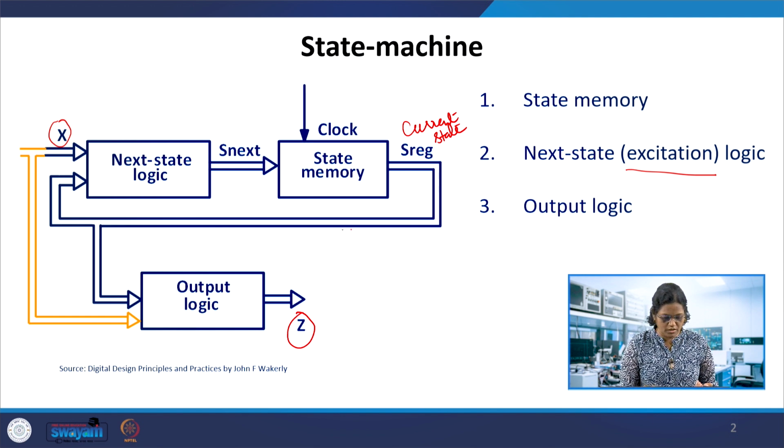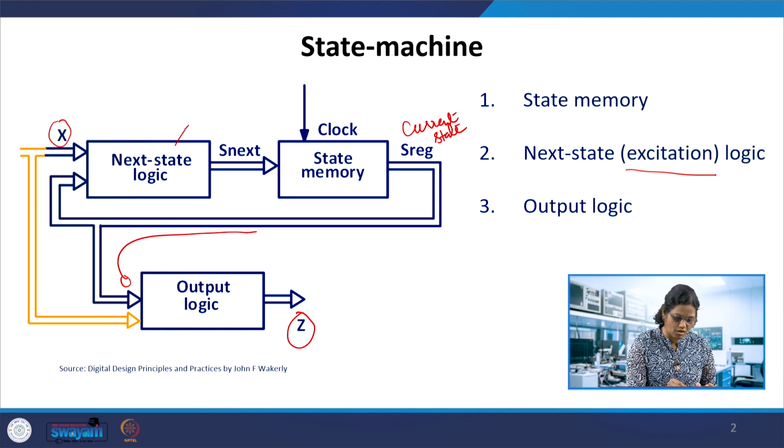If the state machine decides the output based on only the current state, that is this portion. The current state also gets into the next state input, so the input and the current state decide the next state. What should be the next state?